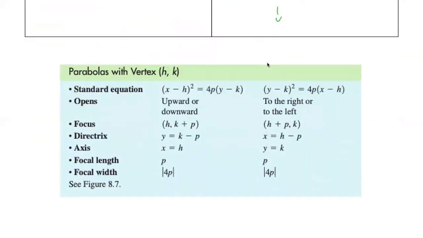Now, for those of you who are more equation-y folks, here's a list of all the equations that go with them, okay? So when we have our up and down parabolas, they're gonna follow this form.